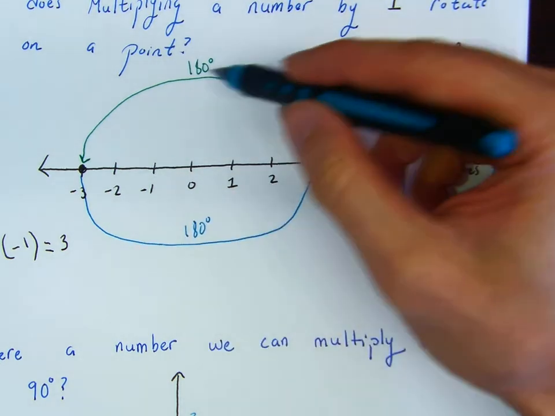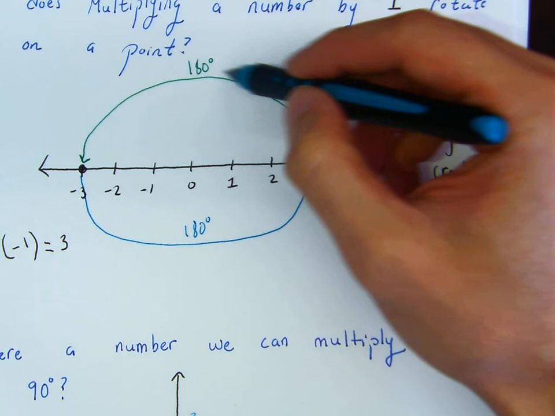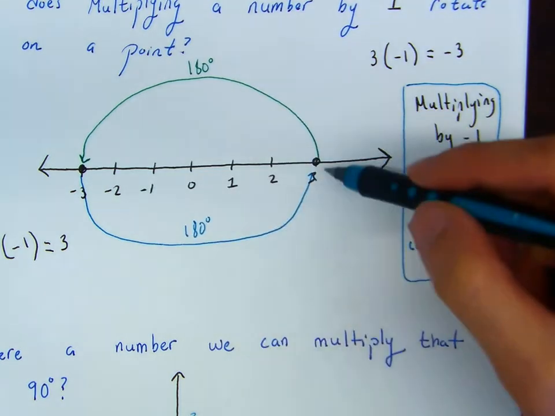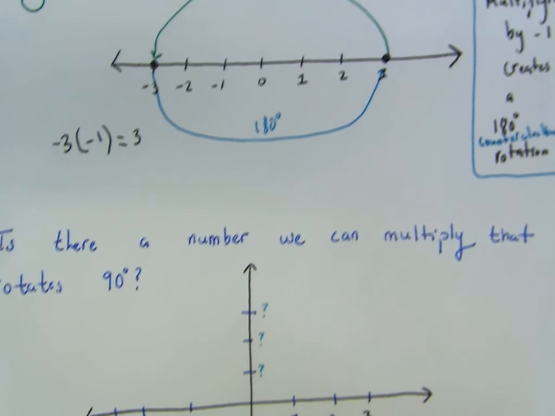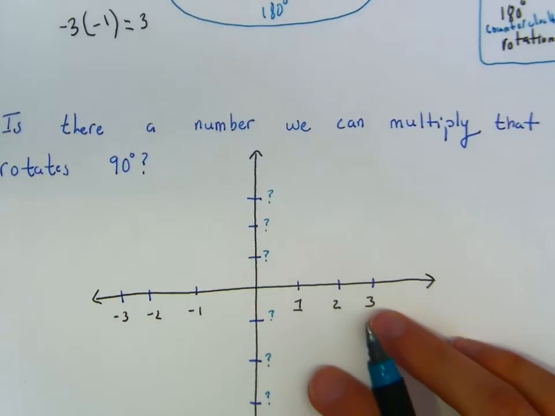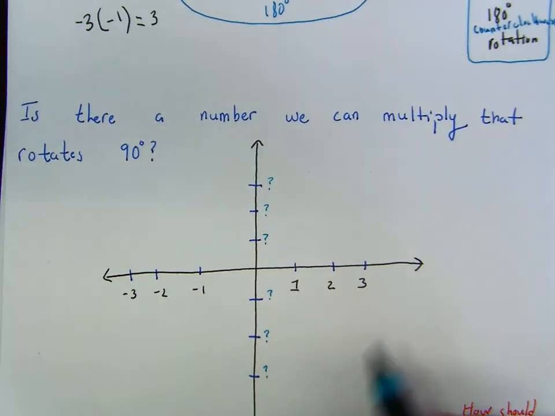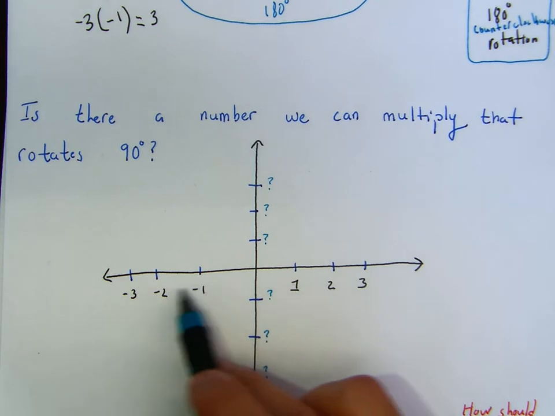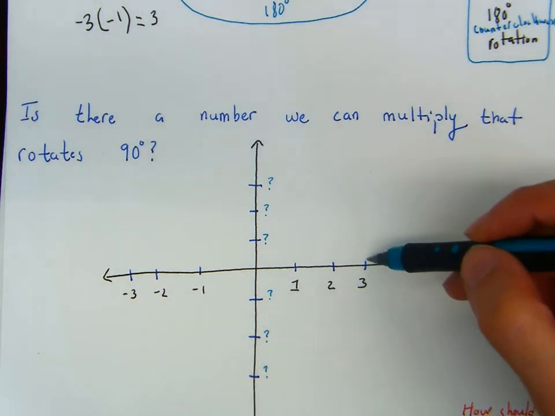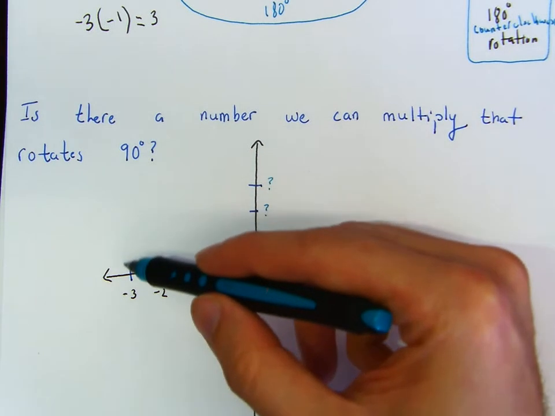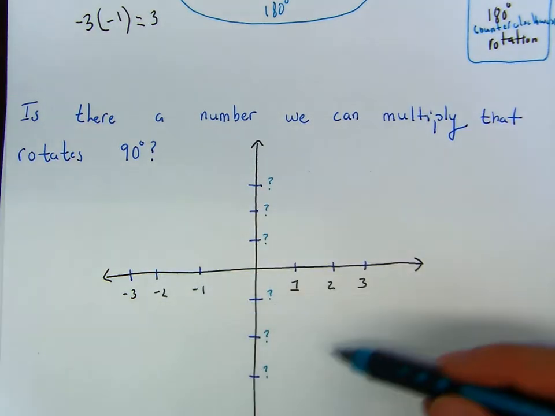So multiplying by -1 creates that 180-degree counterclockwise rotation. Okay. Now here is the question that we have over here. If we take any one of these numbers on the x-axis, and if we multiply it by -1, it gets us to this 180-degree counterclockwise rotation.